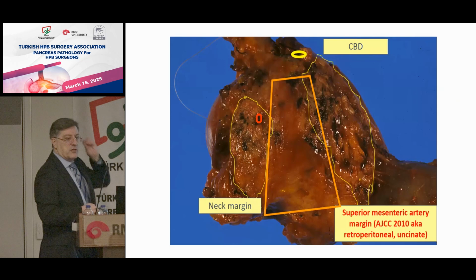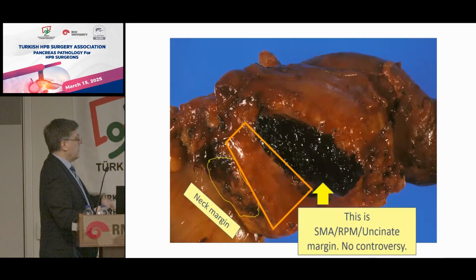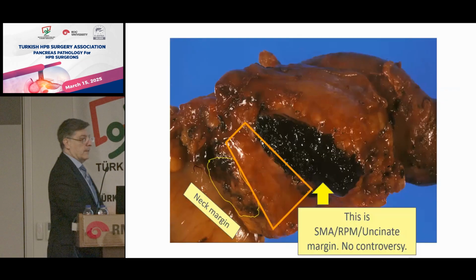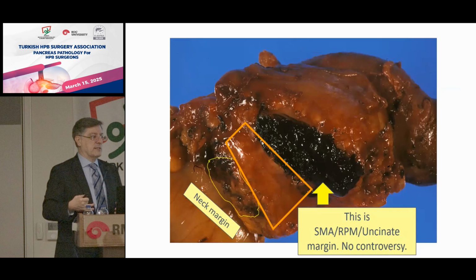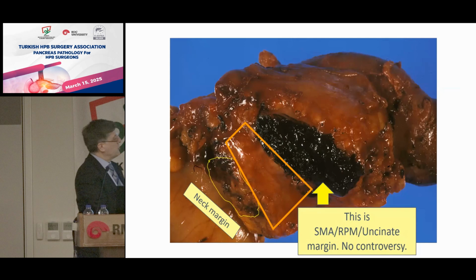Again, these three margins are all agreed upon, no problem with this. The way we handle the uncinate margin is the following. Now, because of the way PDACs grow, often this is the area that they like to come to. This is the path of least resistance. There's a lot of adipose tissue there. So maybe I should phrase it this way.